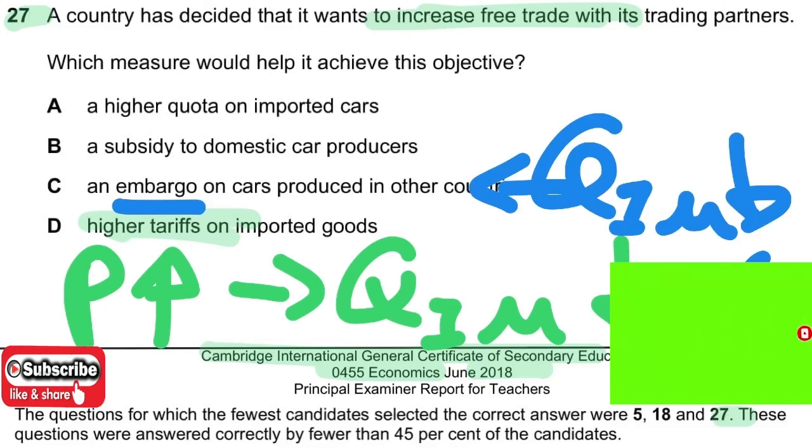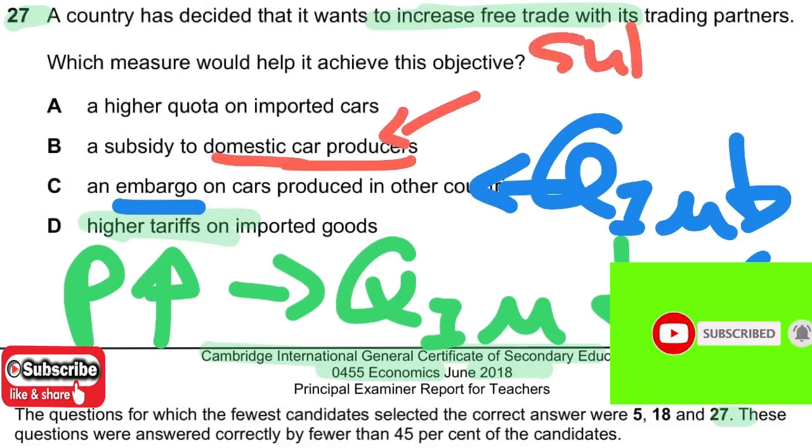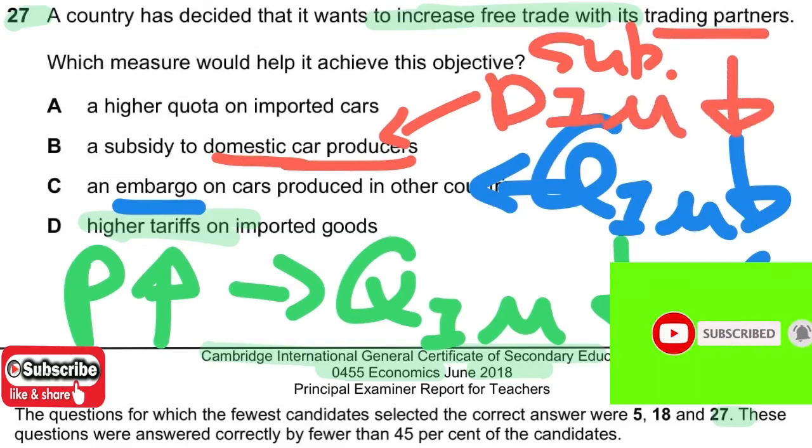How about option B? Domestic car producers are the substitutes to the trading partners. So once you subsidize domestic car products, the demand for imported goods would drop. Okay, so that's not our answer too.